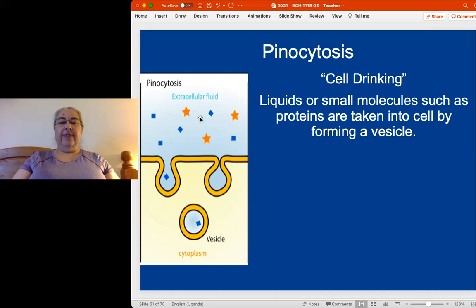So they gave this the name of pinocytosis, which means cell drinking. So small molecules or liquids, water, are being taken into the cell by pinocytosis, but exactly the same pattern, pinching off of a little part of the membrane and a vesicle being formed.